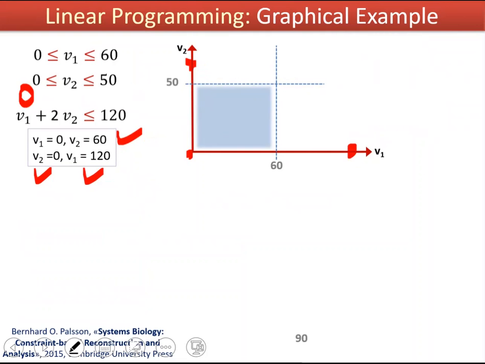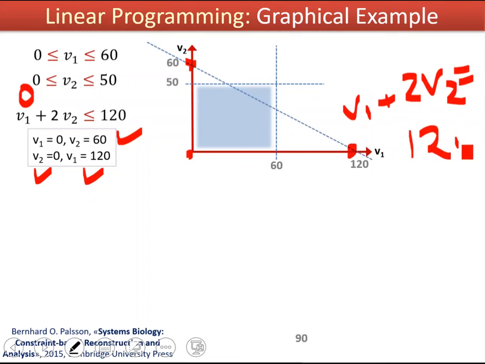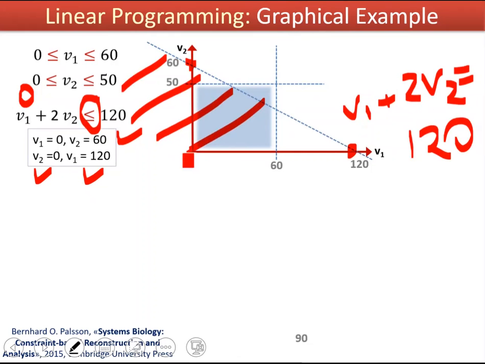So we have found two points on this line, right? So the line will pass through these two points. So this is the line of V1 plus 2V2 equals 120. And in our case, it is an inequality constraint and it is smaller than. So this area is the area that corresponds to the given inequality constraint.